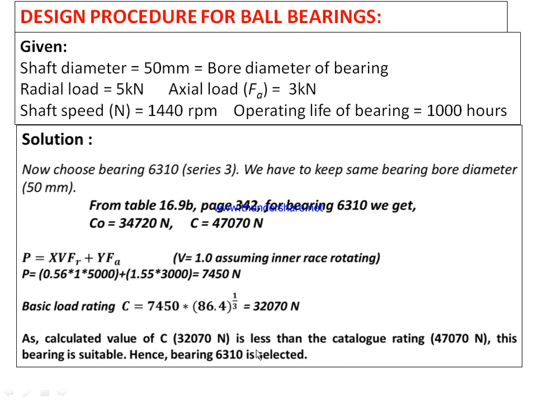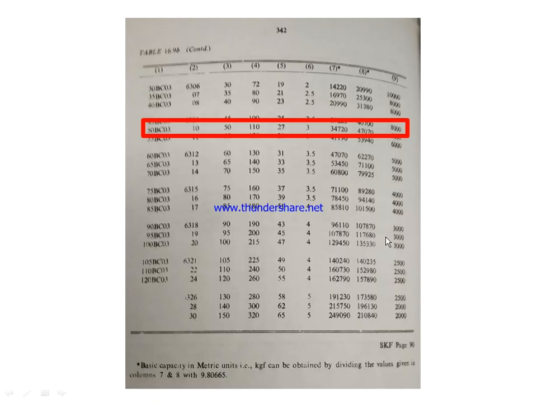This bearing is capable of taking this rated load, and it is able to complete how many million revolutions? 86.4 million revolutions. So friends, that is how the bearing is selected from the tables given the load conditions and the operating conditions of the bearing.